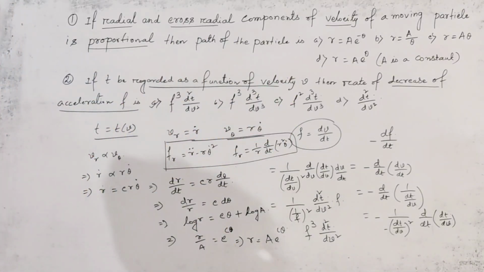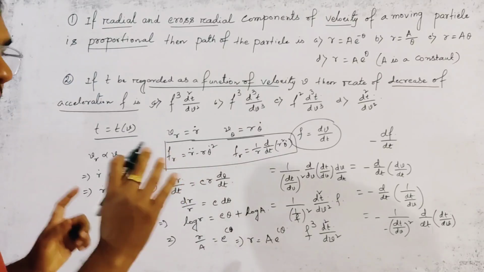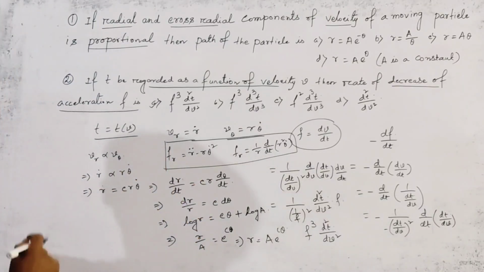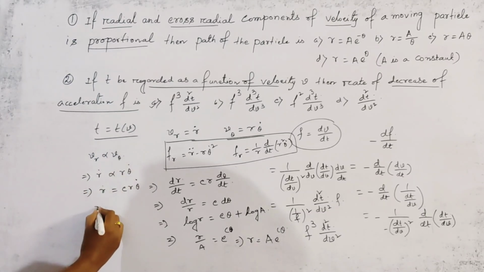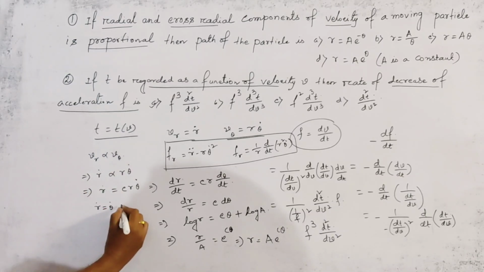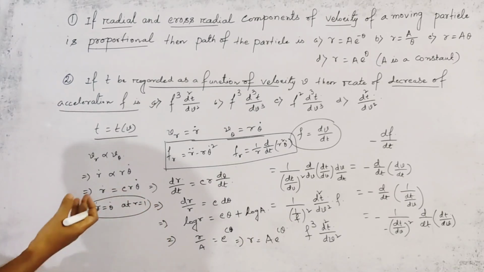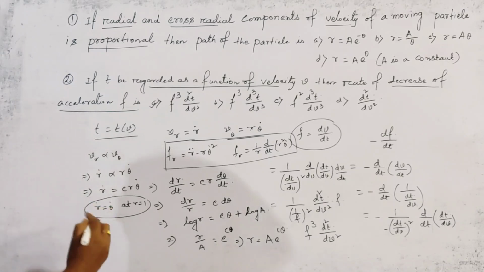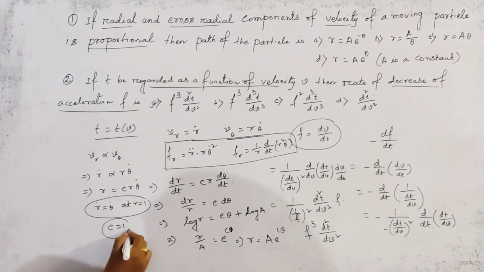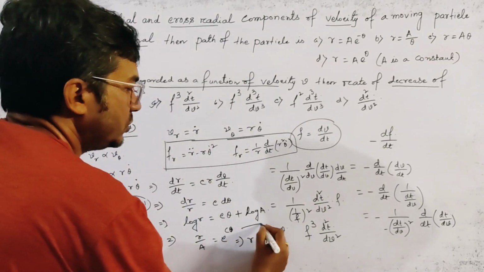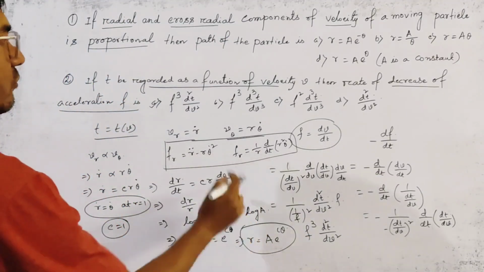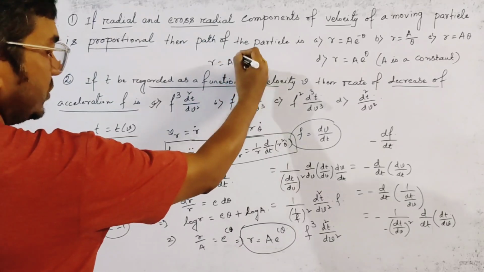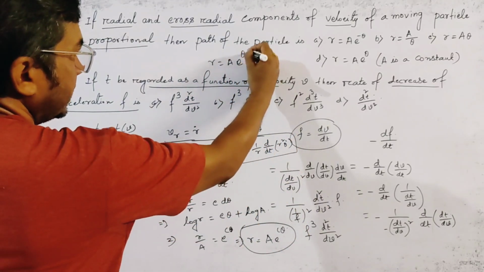Now if we choose a suitable initial condition, like when r dot equals theta dot at r equal to 1, maybe we choose another initial condition such that this variation constant be 1, then the solution of this problem, or the curve, is given of the form r equal to a into e to the power theta.